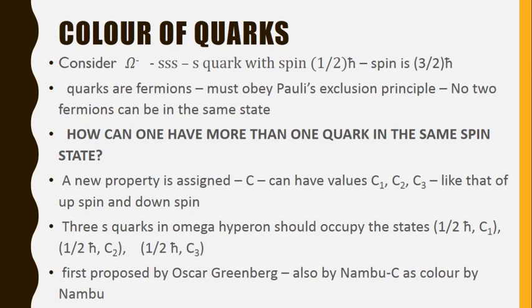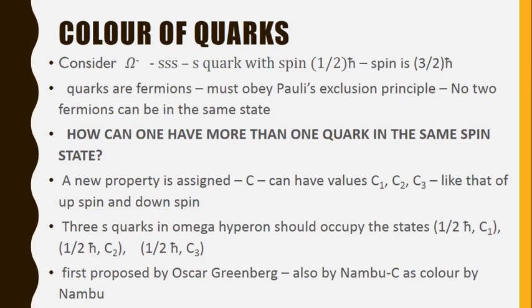But there is a problem: these s quarks must obey Pauli's exclusion principle, that no two fermions can be in the same state. So how can one have more than one quark in the same spin state?